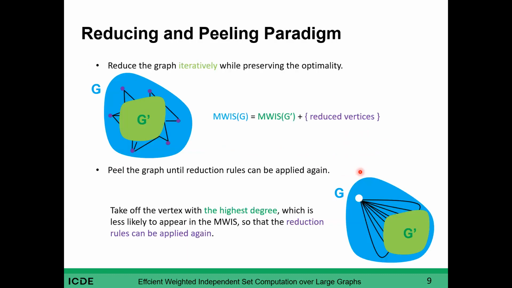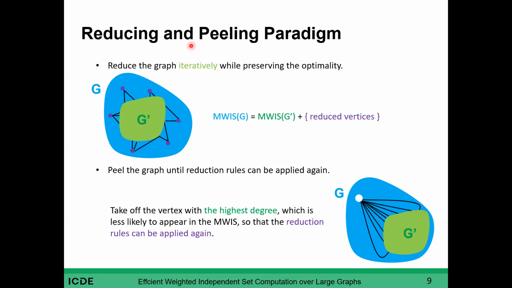Combining the techniques previously mentioned, the reducing and peeling paradigm currently is the state-of-the-art solution to the maximum independent set. It consists of two parts, reducing and peeling.